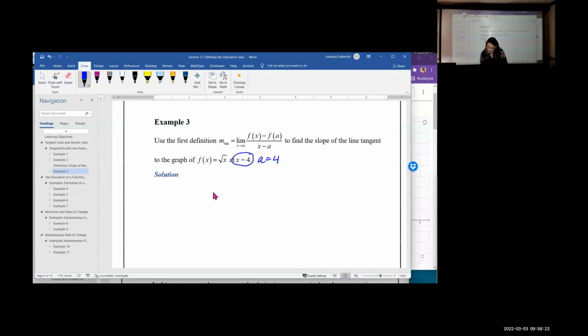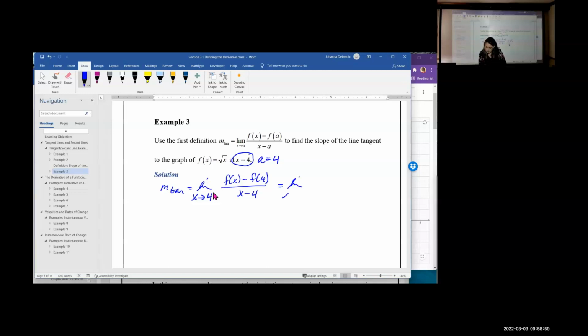So what we're being asked to find is the slope of the tangent line, which is the limit as x gets close to 4 of f of x minus f of 4 over x minus 4. That's what we're being asked to find. The slope of the tangent line at a particular point, not just anywhere, but in a particular place. Okay. So what we're going to do is substitute in the function.